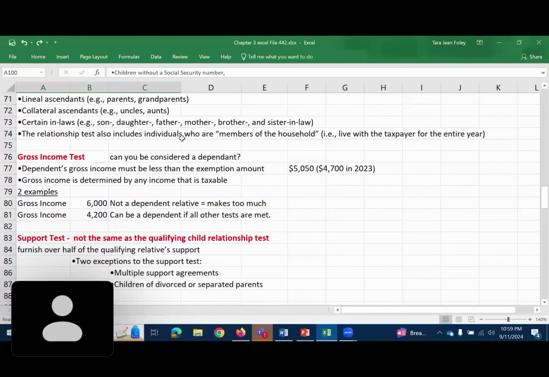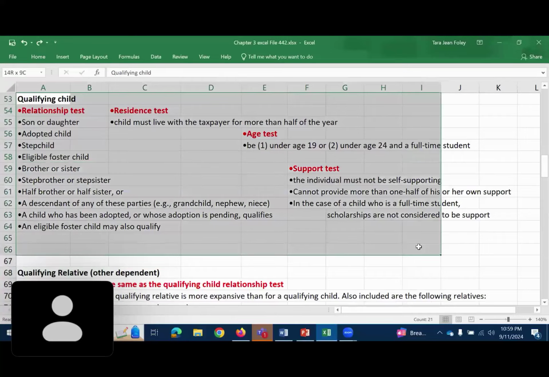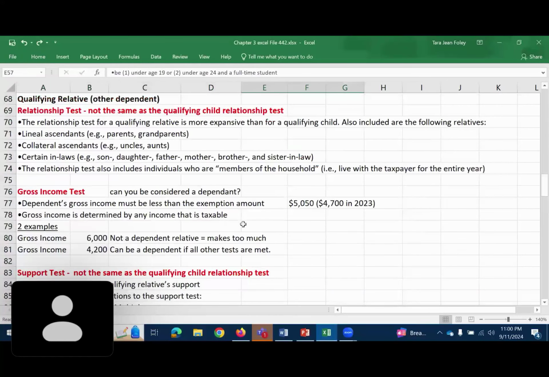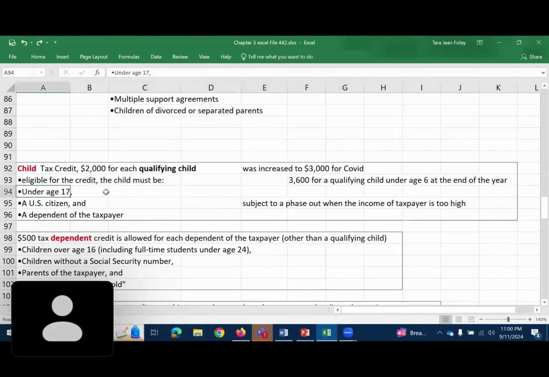So she can be a qualifying child. This age test here is under 19, but the tax credit is for anyone under 17. So she can be a qualifying child, but not be able to get the 2,000 because of that 17.